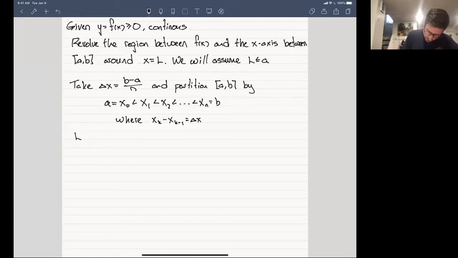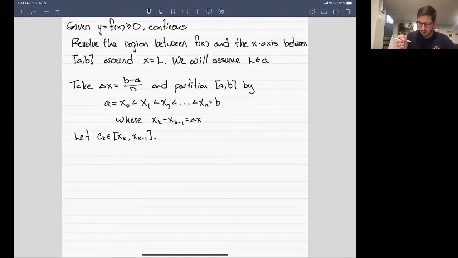Now, one of the things that we saw with Riemann sums is that we take some point. So we're going to say let ck be a point in each one of these intervals. And this point is going to be used to find the height of the rectangle that forms this Riemann sum. So here's the basic idea. The rectangles underneath have height f of ck.